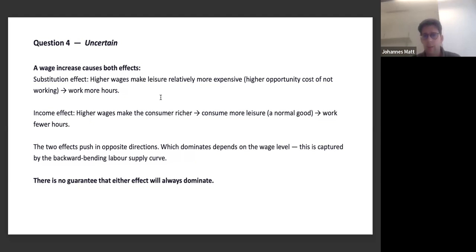That means essentially, if you wanted to reach the same level of income that you had before the increase in the wage, you could cut back on the number of hours that you're working, and therefore shift your time allocation towards leisure, if that's a normal good. So if your demand for that goes up as you get richer, that means you're going to work fewer hours, because you can achieve the same level of income working less. And so as you see, there are these two competing effects, the income and the substitution effect, which pull your labor supply decision in opposite directions, potentially.